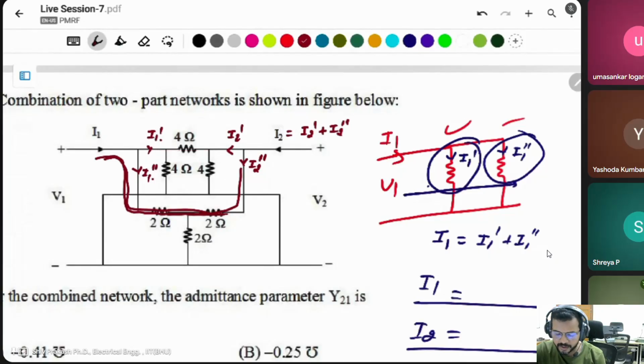Okay, and the voltage will be the same because this voltage and this voltage will be the same, V1 only. Okay, simply I break these two networks in two parts, I1 dash and I1 double dash.